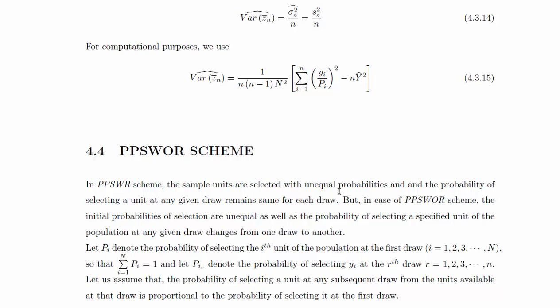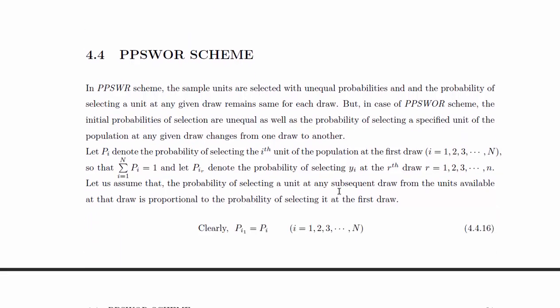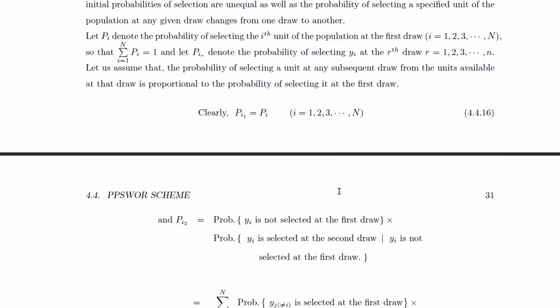That is why it is a probability distribution. So clearly for the first draw, Pi1 equal to Pi, i equal to 1 to n. The probability of selecting any given unit is proportional to Pi.